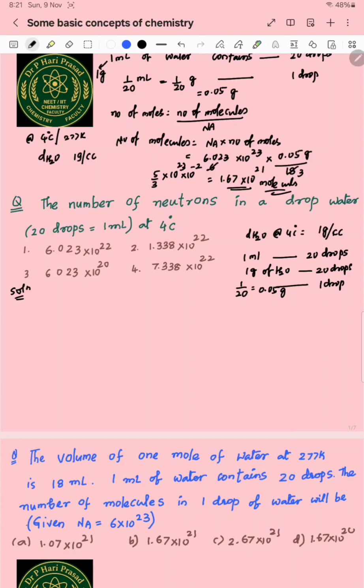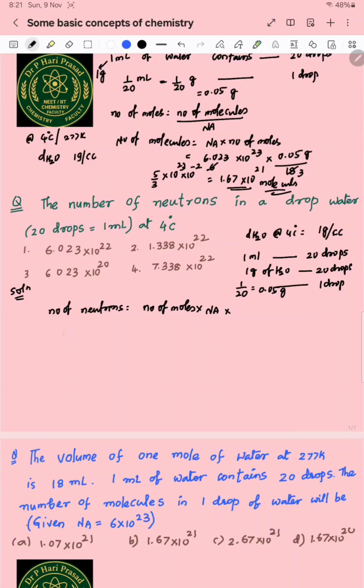The above question asked about the number of molecules. Similarly, students, this type of question, like number of electrons, number of neutrons, number of protons, is very simple only. So you can write number of neutrons is equal to number of moles into Avogadro number, this is common, into number of neutrons per molecule.